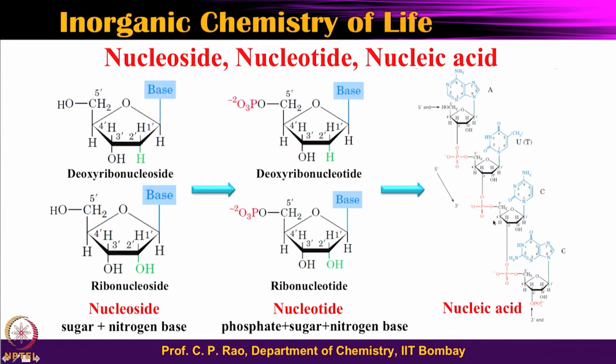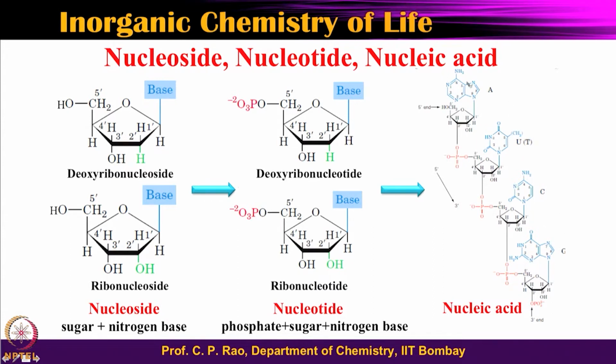What is the backbone in the protein? The protein backbone is C alpha, CO carbon, and N: C alpha, CO, N, C alpha, CO, N. That is the backbone, and what is the side chain? The R group. In case of DNA, whether it is RNA or DNA, it is the nucleic base which is kind of equivalent to the side chain.